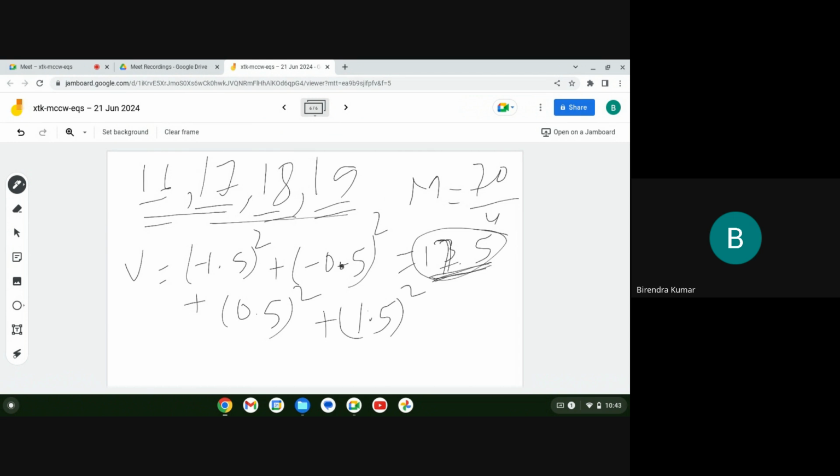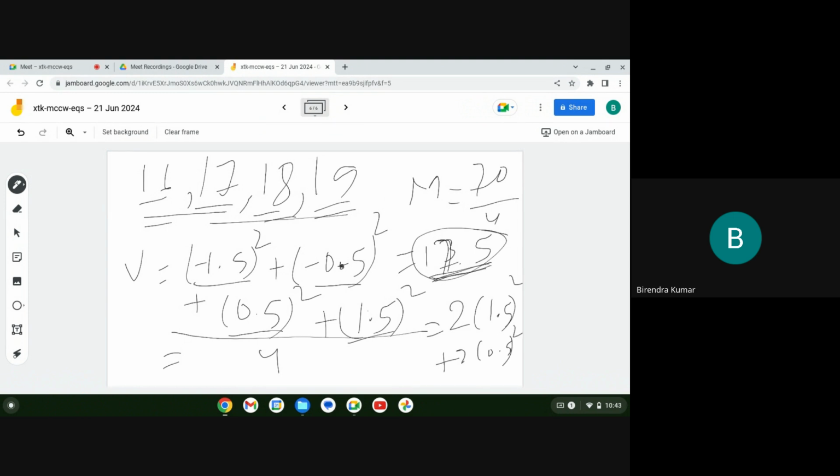Okay, so now look at this. This is 1.5 square, 0.5 square, 0.5 square, and then this divided by 4. This is going to be 2 into 1.5 square plus 2 into 0.5 square by 4. I'm just doing my shortcut math, okay?